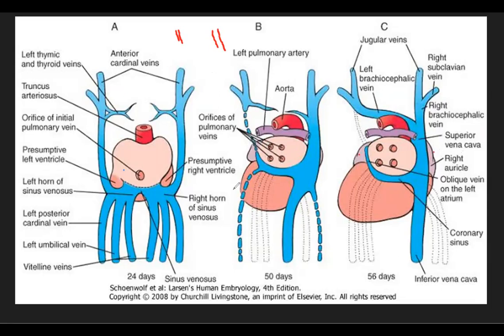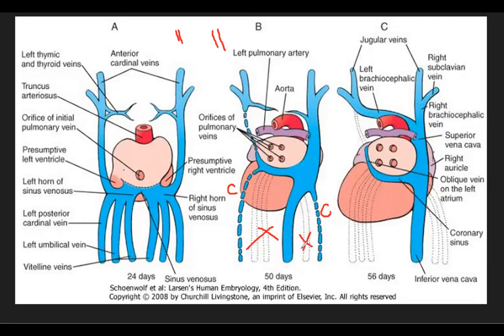Okay, and as you can see over here, what was this? The outermost vein, it was the left posterior cardinal vein. This vein will degenerate. This vein is also degenerated over here, and later on, after the connection of the mother and the baby is cut, the umbilical veins and the vitelline veins also don't function.